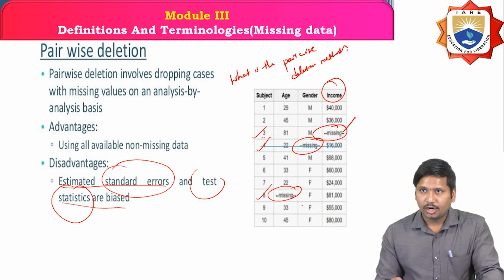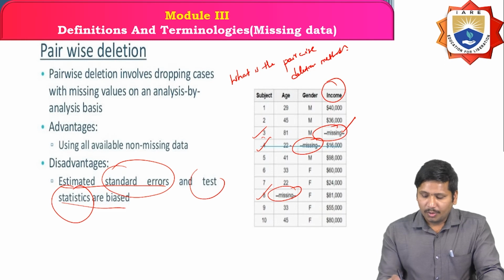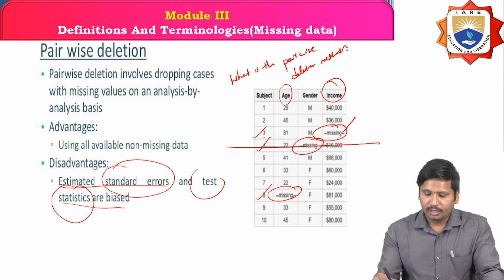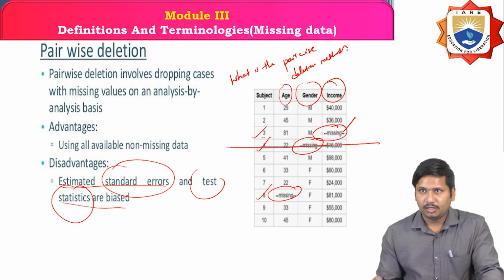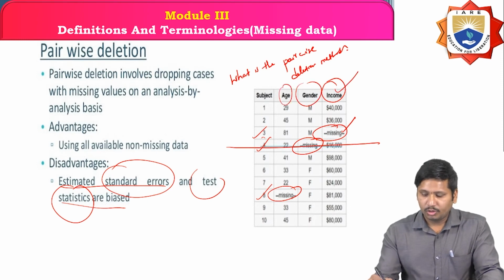So for this analysis, I'm going to delete the gender here, since that is not that important. Again, among the characteristics of age, gender, and income, income is important, so even if the data is missing I have to keep it, and age is also important, and gender is not that important. That's why I'm going to delete it with this method.